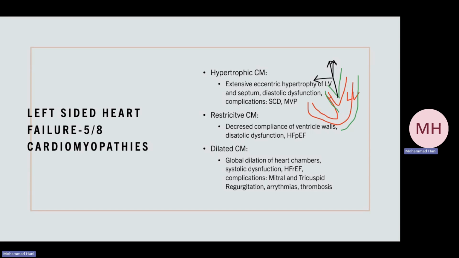Also arrhythmias, because of the changes in the myocardium, which can affect the conduction pathways, and thrombosis, because there's more room for blood. If the blood is at a standstill in any of the chambers for a long period of time, it can promote clot formation.